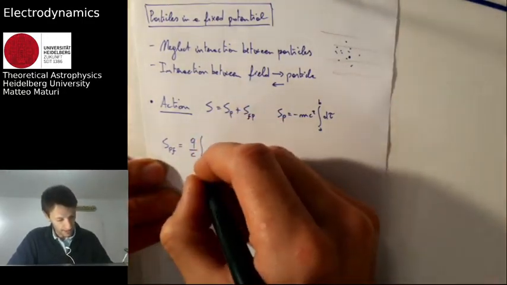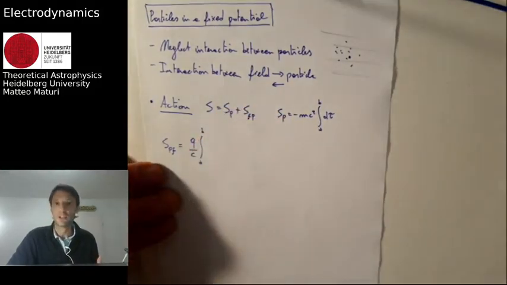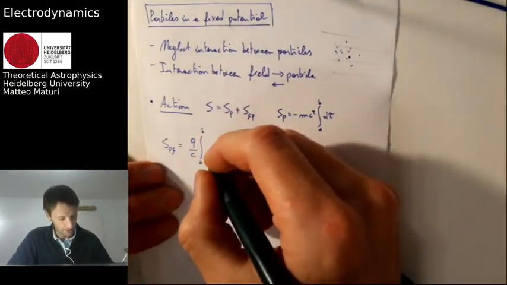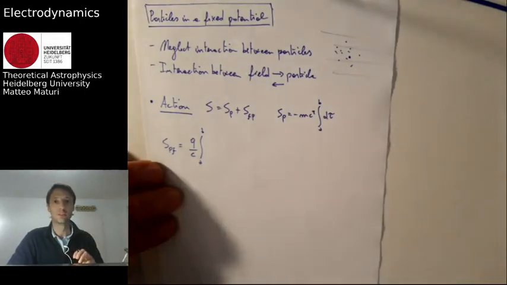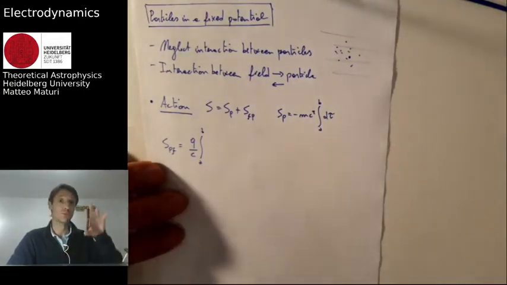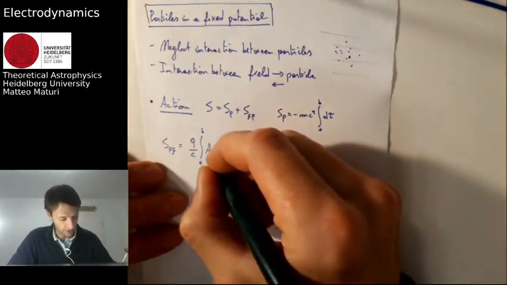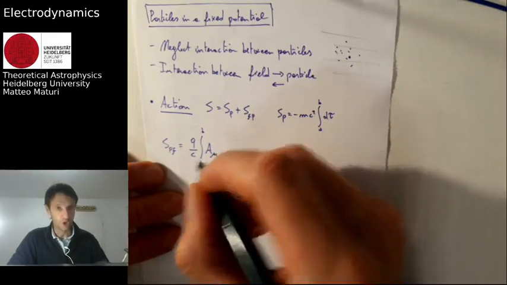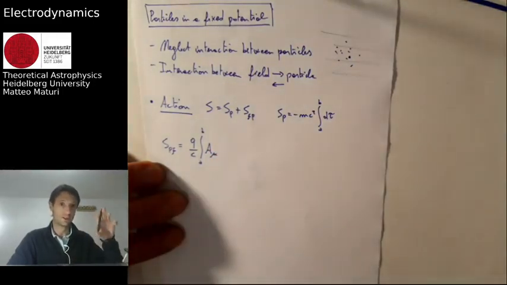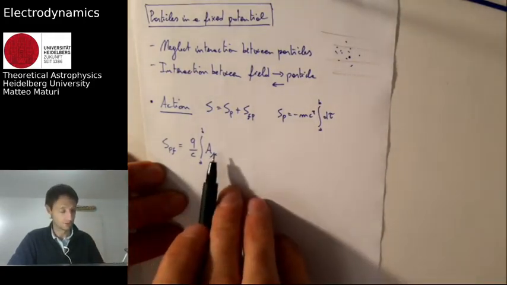Integral between A and B, then we need the potential, and we keep the simplest bit of the electromagnetic field potential that we have, which is the 4 potential, not the full electromagnetic tensor, but we only take the 4 potential, out of which the electromagnetic field tensor is derived through derivatives. Remember, it is an antisymmetric tensor based on the derivatives of this guy.